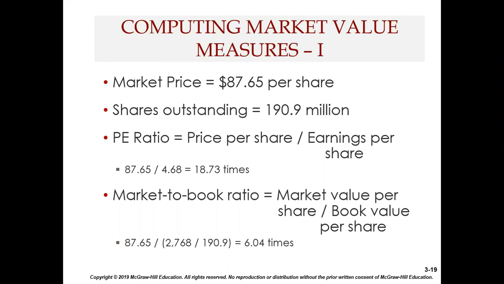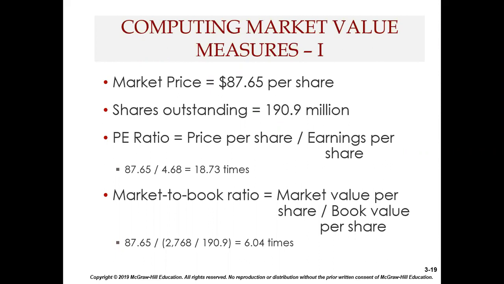So that's 18.73 times. Just to wrap your head around this, let's say the company came out and said, we predict our earnings per share is going to be $3.68. And the actual is $4.68. So it's actually $1 more.